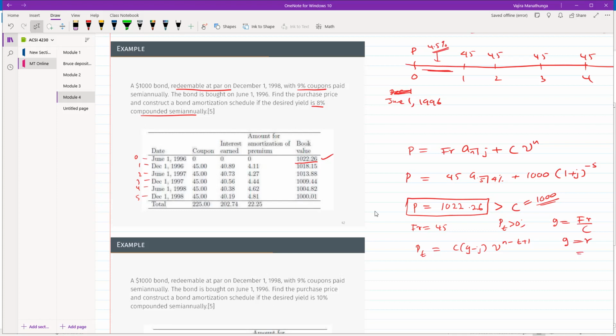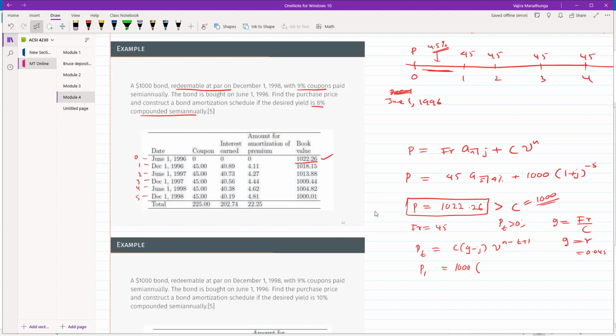So this would be 0.045. Okay, so C is 1000. Let's calculate for the first payment.